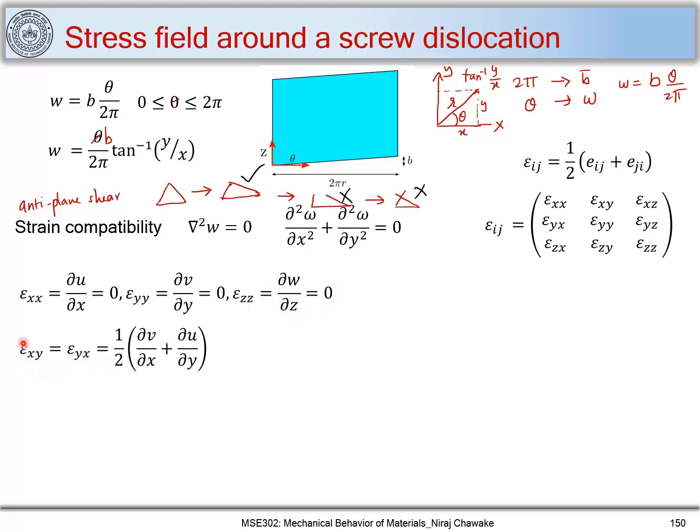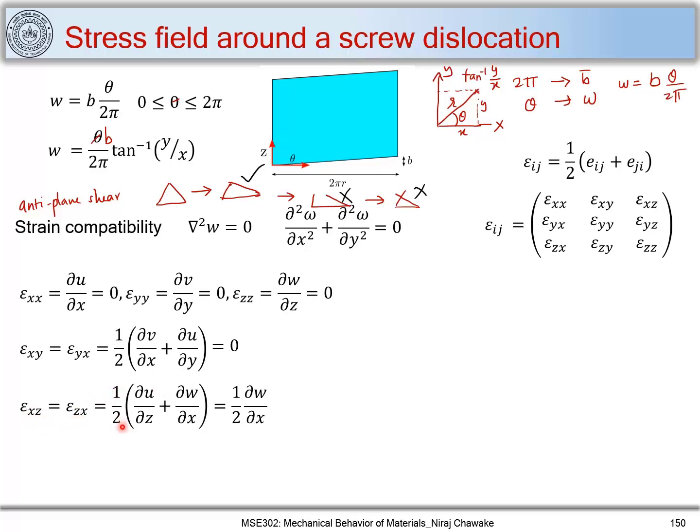Now epsilon xy is equal to epsilon yx. I can write it as 1 upon 2 del v upon del x plus del u upon del y. V with respect to x, that is displacement v with respect to x, is 0. Similarly, u is 0 with respect to y. So this whole term, that is epsilon xy equal to epsilon yx, is equal to 0. You have epsilon xz equal to epsilon zx.